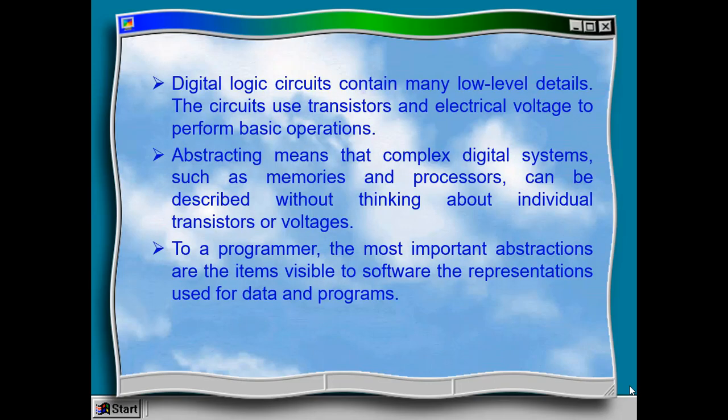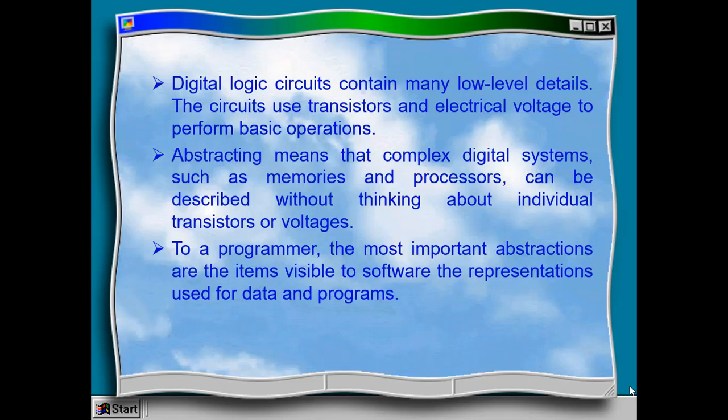So we're going to go straight on to understanding digital logic and the importance of abstraction. The digital logic circuit contains many low-level details. The circuit uses transistors and electrical voltage to perform basic operations. The main point of digital logic, however, is called abstraction.